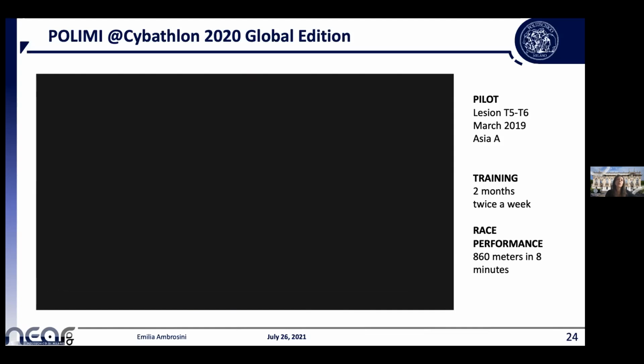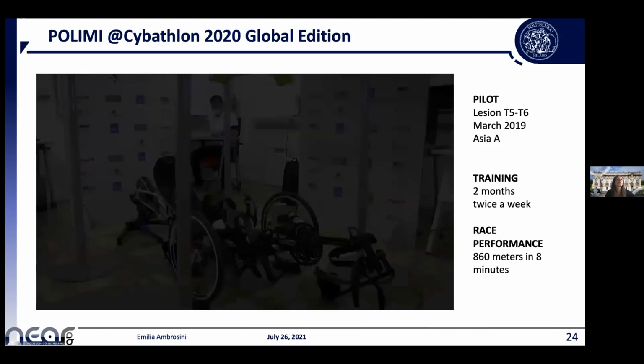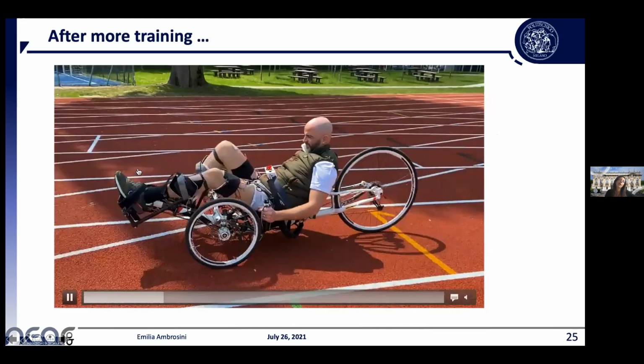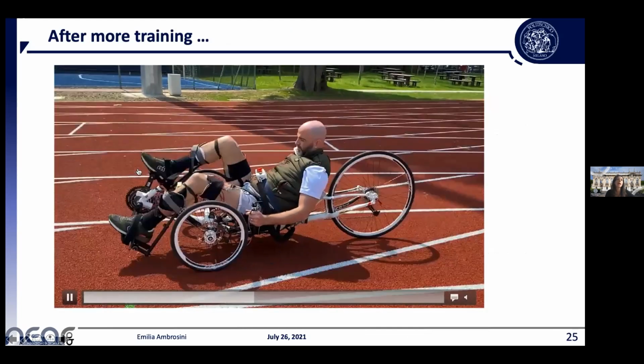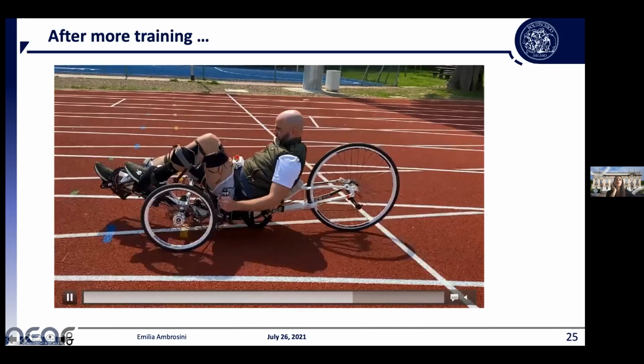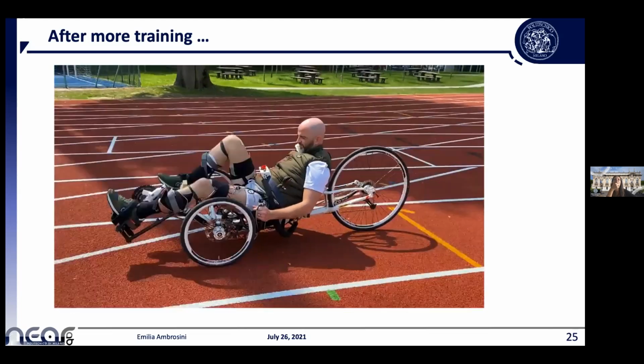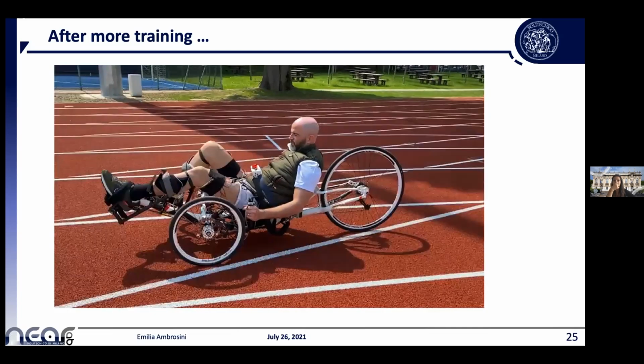He went on training twice a week for all the months until the summer holiday. So now he's on holiday with his family and his kids. And we were even able to start training outside. Here you can see that we were running during spring, of course, outside with the trike.